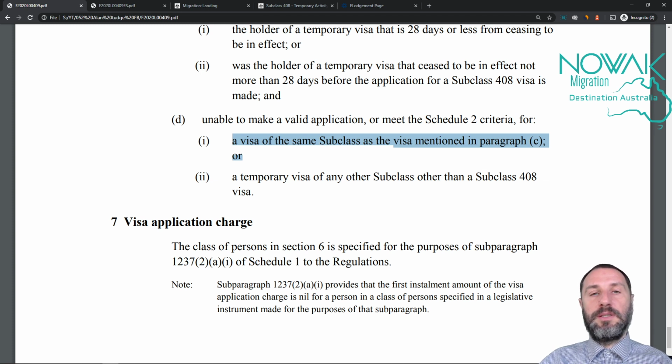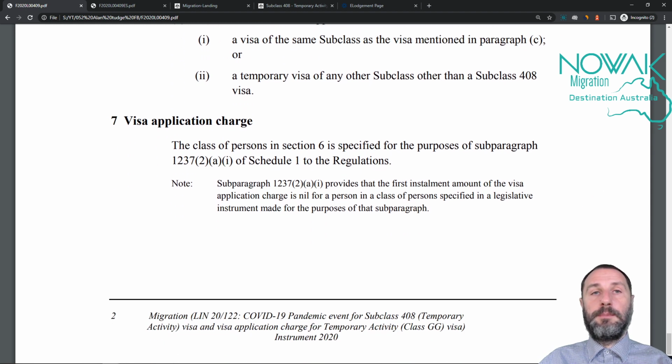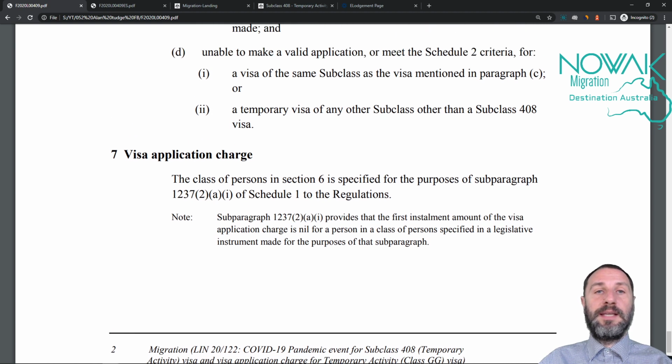Working holiday makers, if they didn't do their 88 days for the second working holiday visa, that could be the option, and half a year for the third visa, that could also be the option, right? So it seems like 485 and working holiday makers could fit over here, or a temporary visa of any other subclass other than a subclass 408 visa.